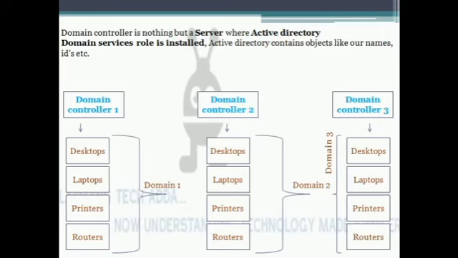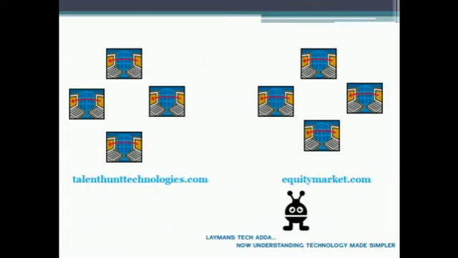So a couple of computers can be on the same network range, but can still have some computers on different domains. Let me be more clear.